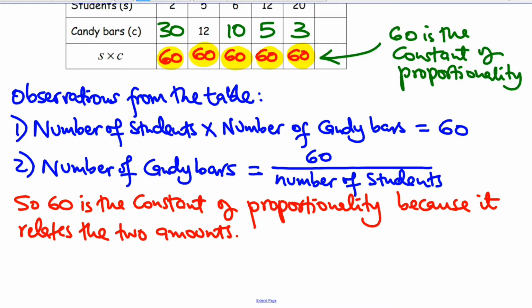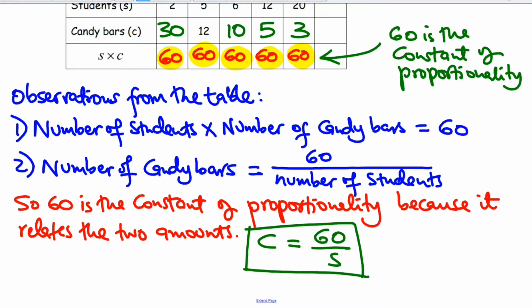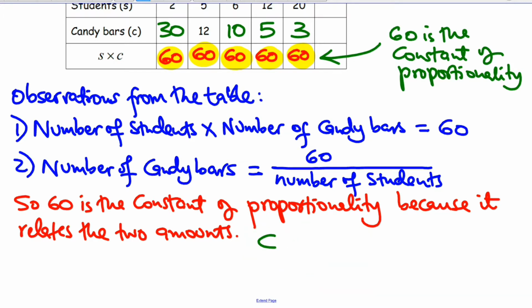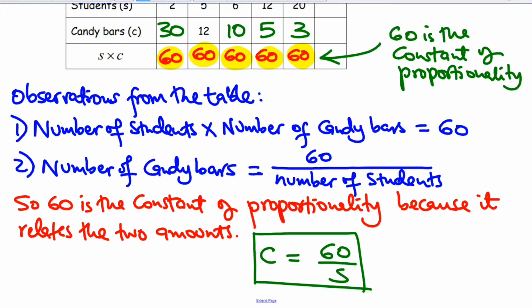Actually, we can write this statement as a formula. We can say that the number of candy bars is equal to 60 divided by the number of students. That's very important. So the number of candy bars is equal to 60 divided by the number of students.